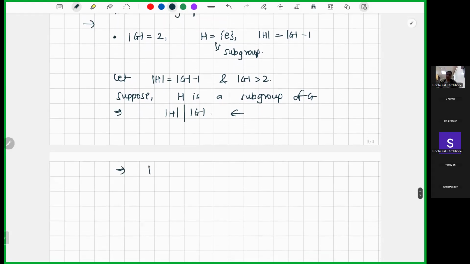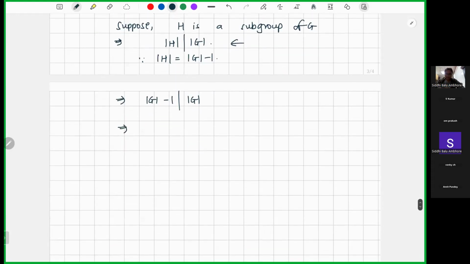So from this, since the order of H is the order of G minus 1, this statement holds.